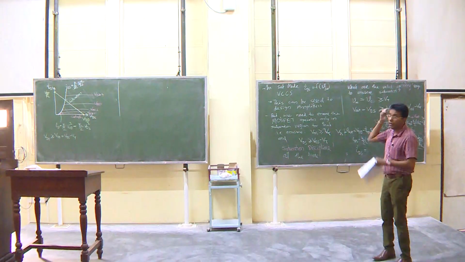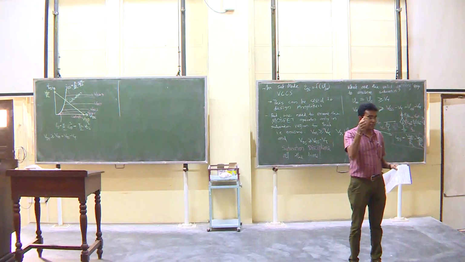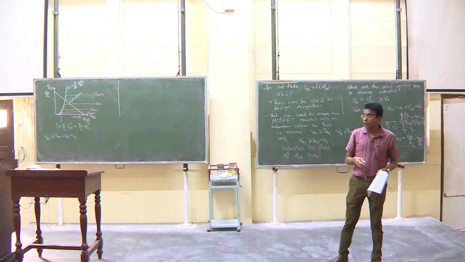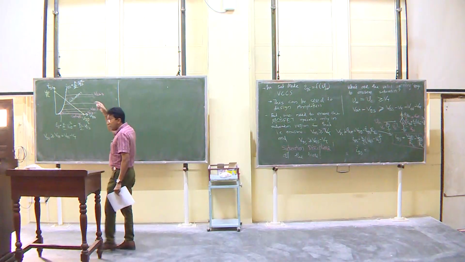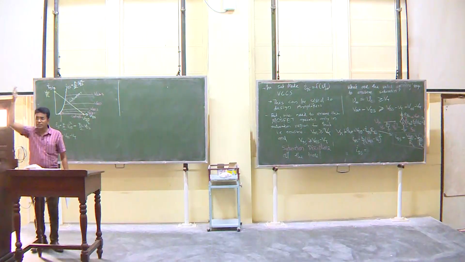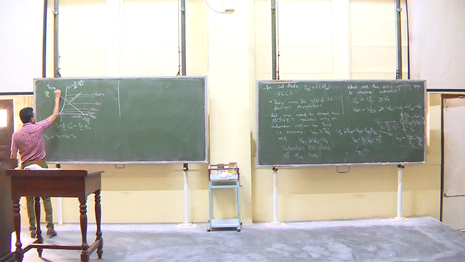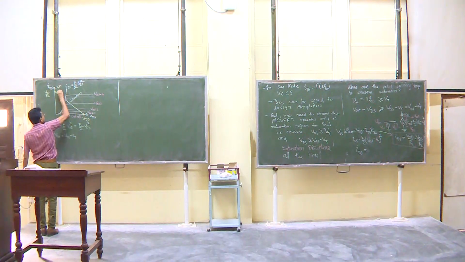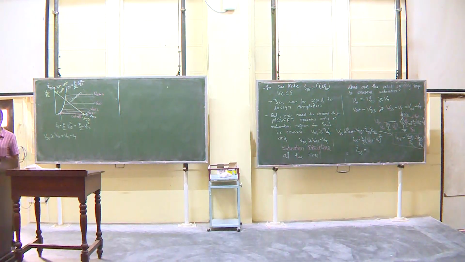This equation is valid no matter what, because this resistor and the power supply VDD are connected to the circuit. So it characterizes the external circuit or the load. So therefore we call this the load line of the system, the circuit, right?